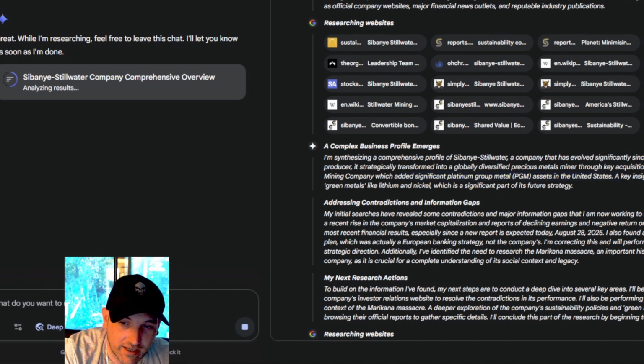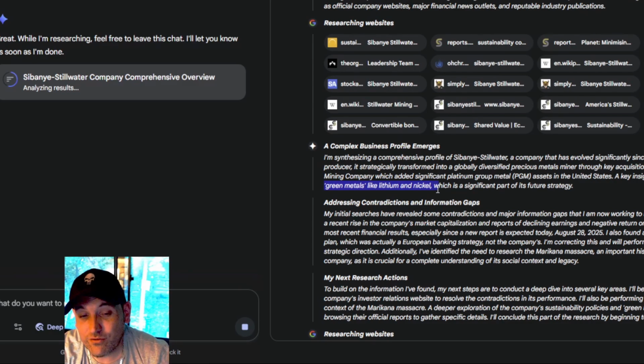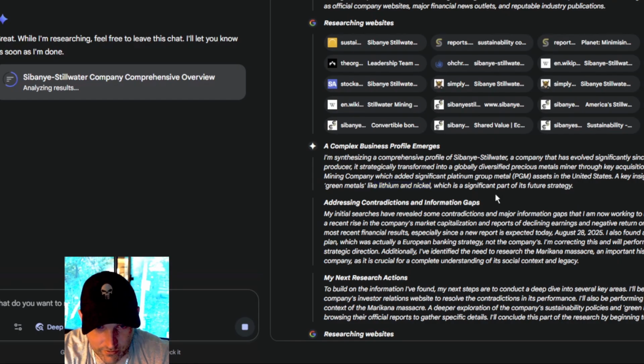A key insight is the company's recent expansion into green metals like lithium and nickel, which is a significant part of its future strategy. So this company that holds 50.1% of DRD is a mining company also that's already mining everything that you need for EV batteries, lithium and nickel.